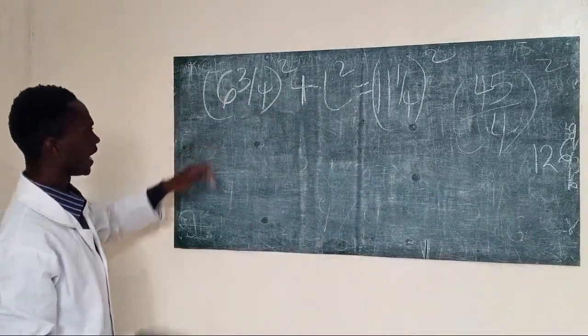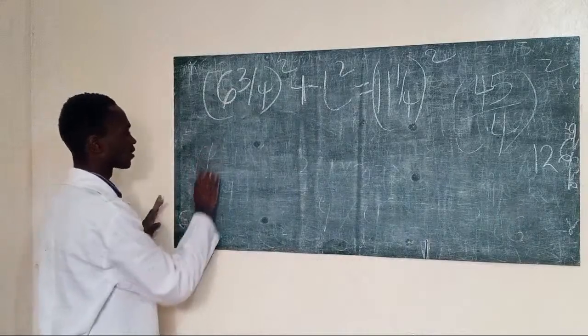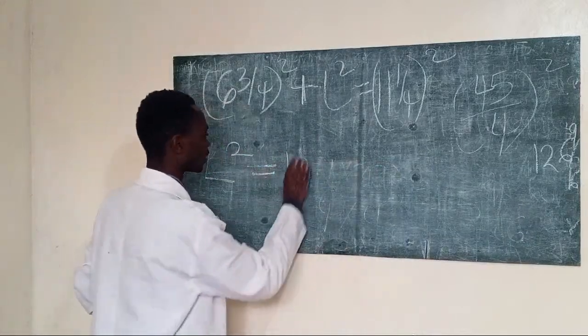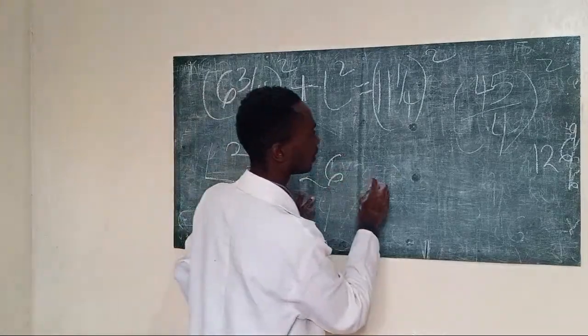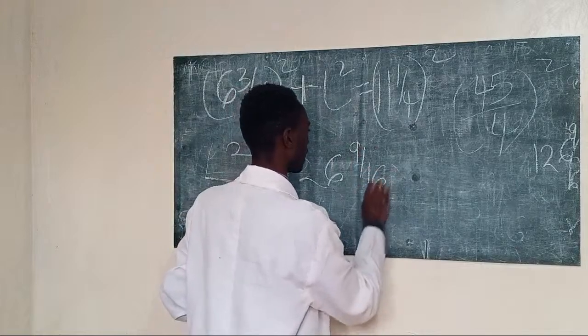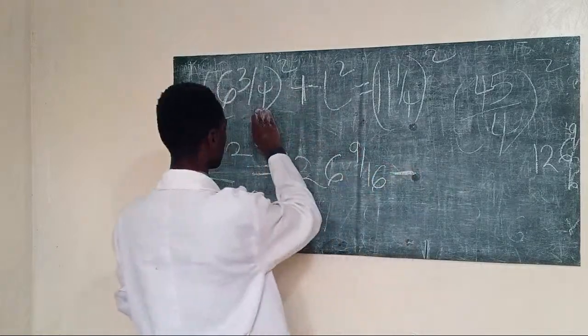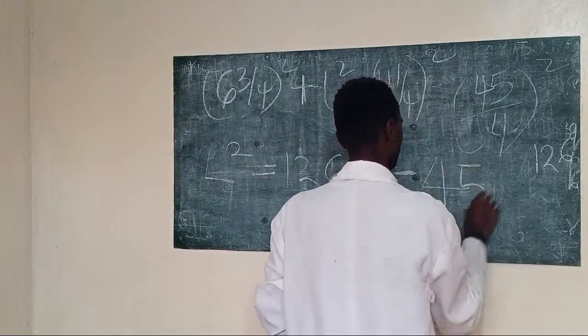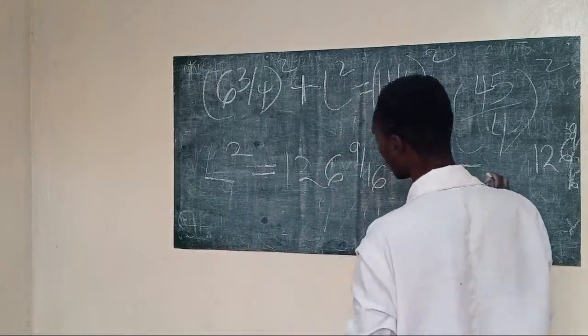So I say L squared is equals to 126 9 over 16 minus what we had said was 45 9 over 16.